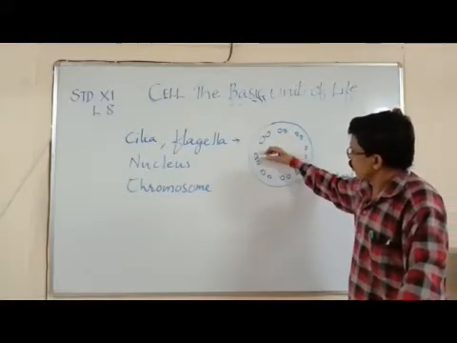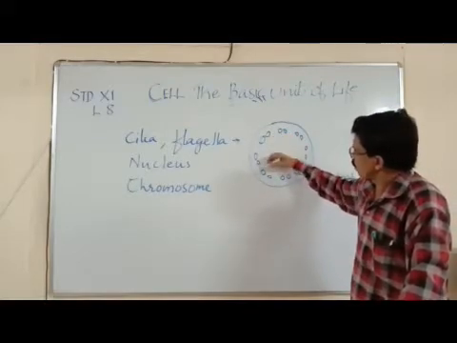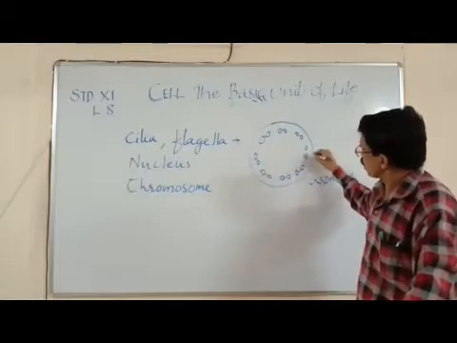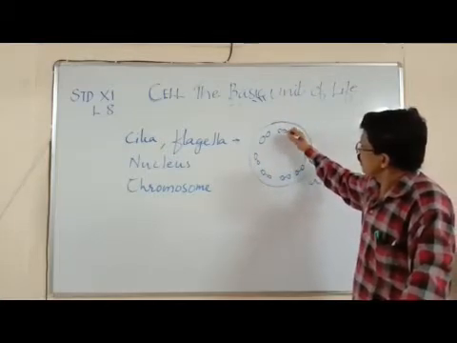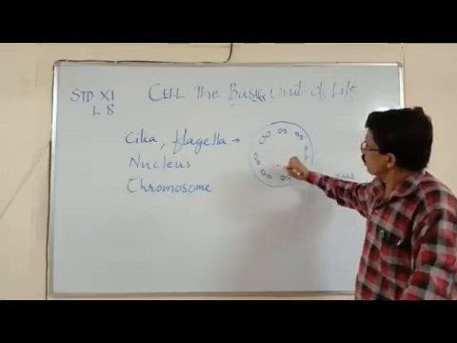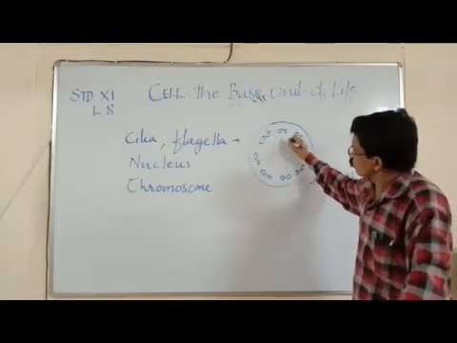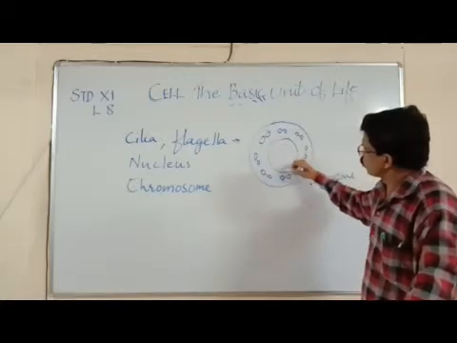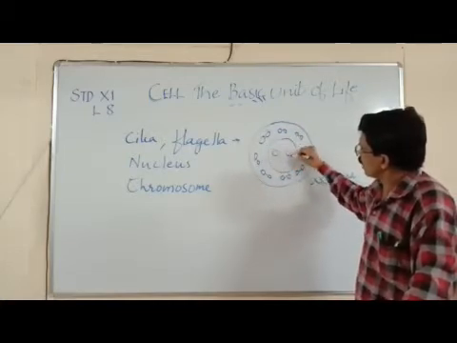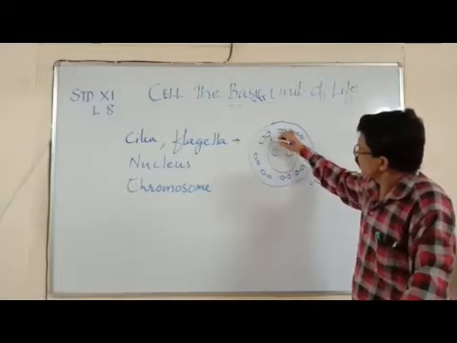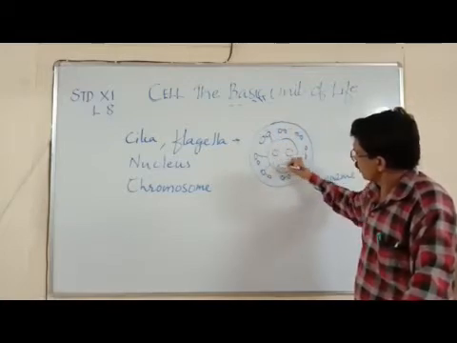connective tissue. So the 9 doublet fibers are connected peripherally by connective tissue, and these doublet fibers in turn are connected to the central microtubule through a connective fiber.